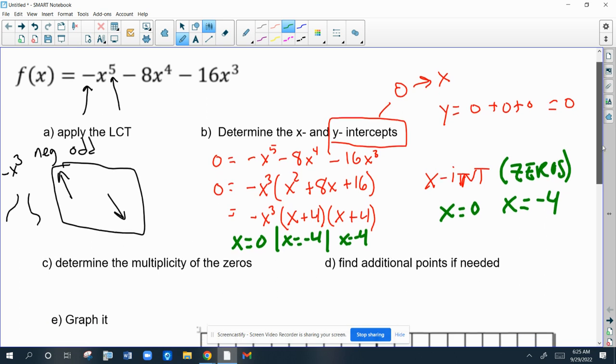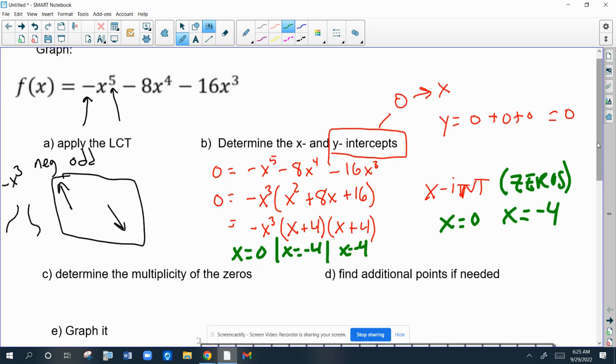Now I'm going to look at the multiplicity of my zeros because that's very important in my graph. If it's even multiplicity, the graph will bounce off the x-intercept. If it's odd, the graph will go through the x-intercept, usually like this. Basically you're counting how many times the zeros happen. The negative 4, you can physically see that happens twice.